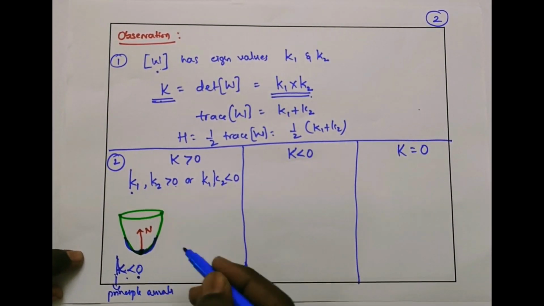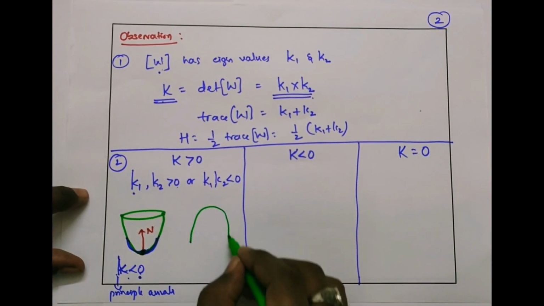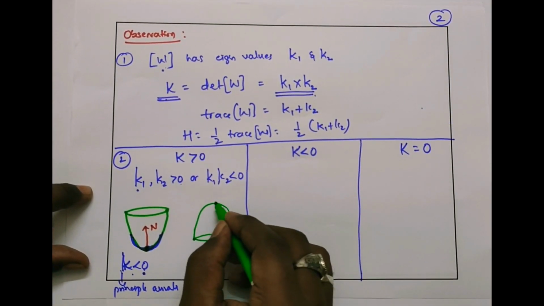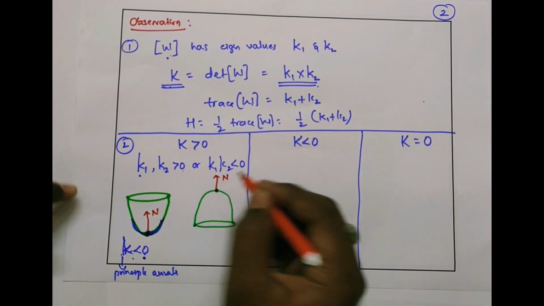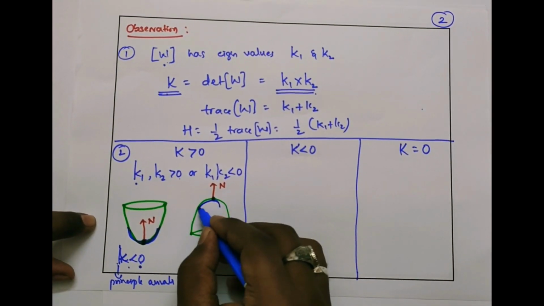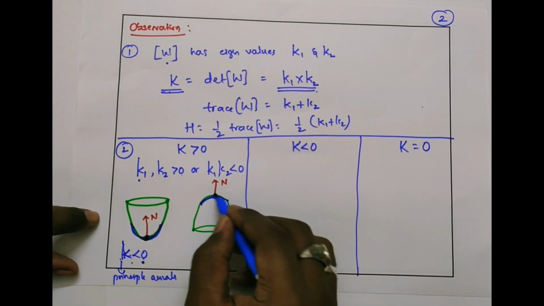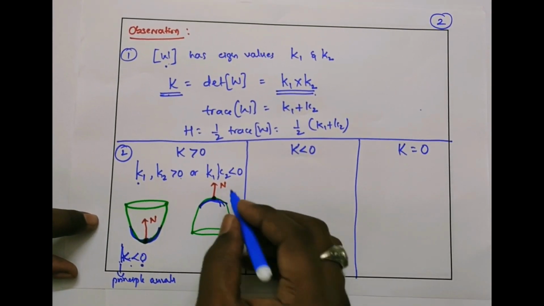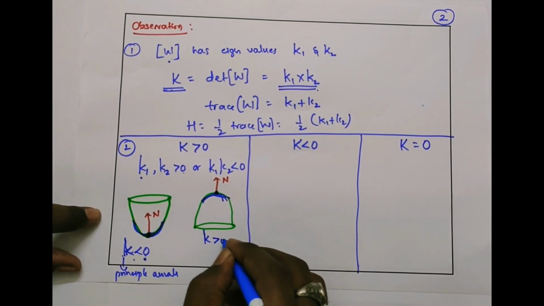What do you mean by principal curvature greater than 0? The same way, consider and observe this particular point where the normal is of this shape, and here if you observe, it is like bulging down towards the normal. Could you see that? So at this point where you have it bulging down towards the normal, you will have your principal curvature, again small k, greater than 0.